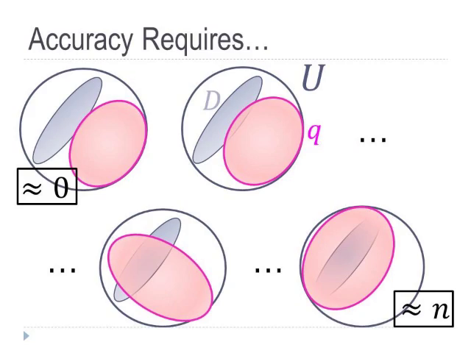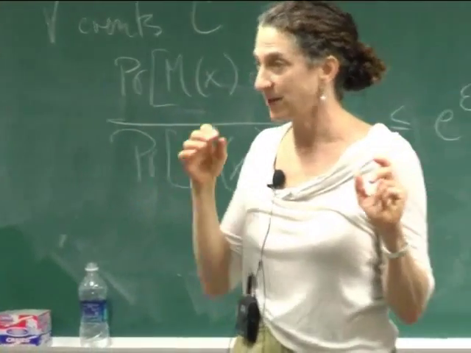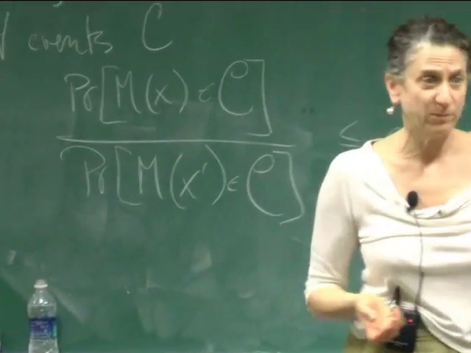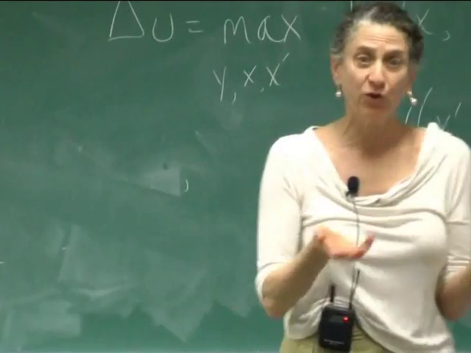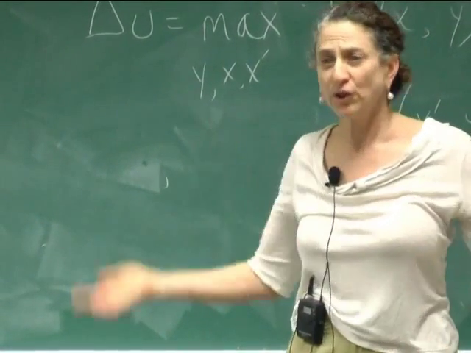Now, if our mechanism is reasonably accurate in any sense, then when the intersection is empty, it is supposed to give an answer that's close to 0. It doesn't have to be exactly 0, but it certainly shouldn't look like n over 2.